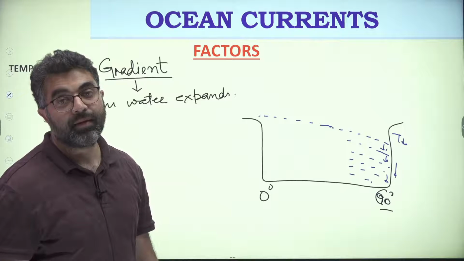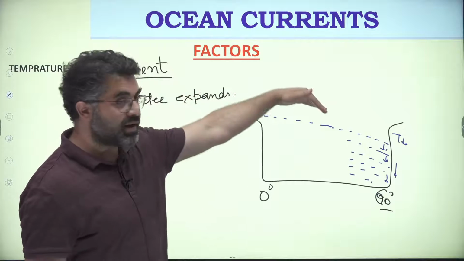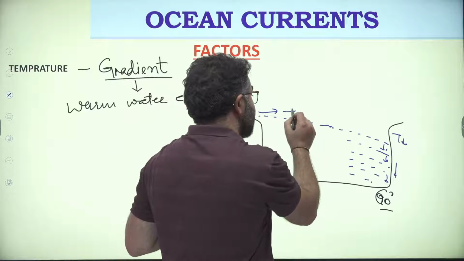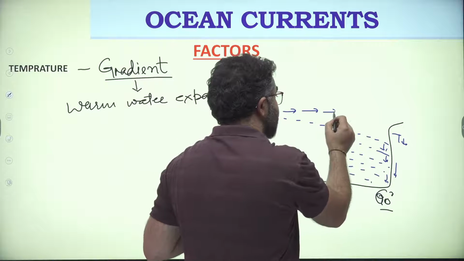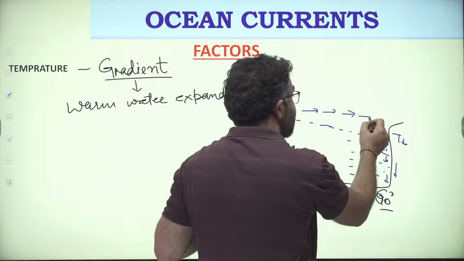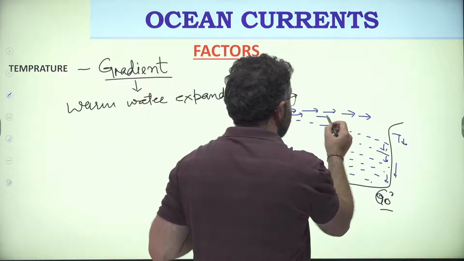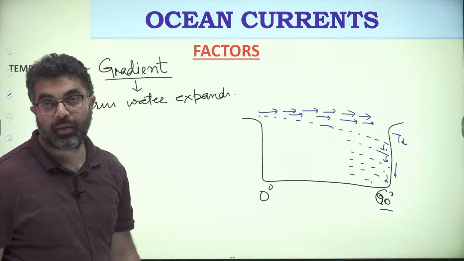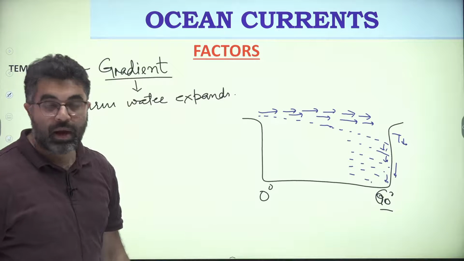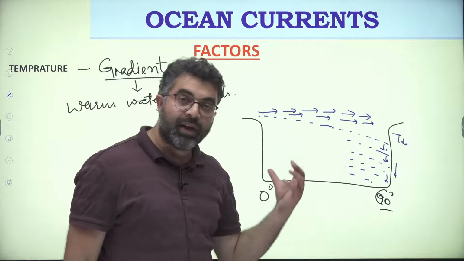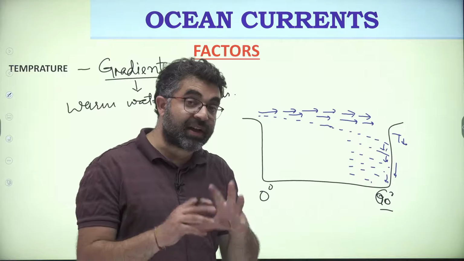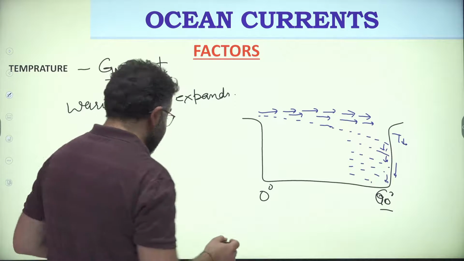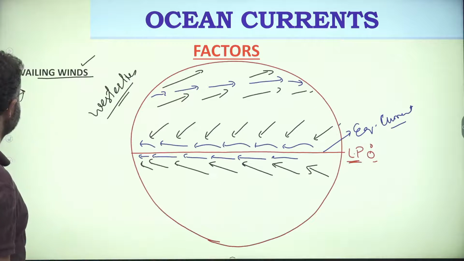Now, see the difference in the water level. What should happen? The water should travel from the equator to subpolar latitudes. Now, when we say that water is moving from the equator to subpolar latitudes because of thermal gradient, because of temperature difference, let me go back to that diagram.